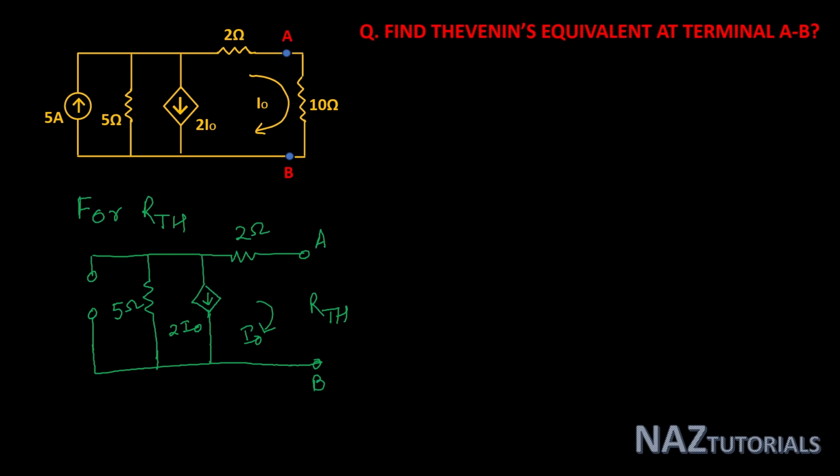This is our equivalent for RTH where the independent source, that is the 5 ampere current source, is replaced by its internal resistance, that is infinity, an open path, and the load is removed, and this terminal resistance is defined as RTH.